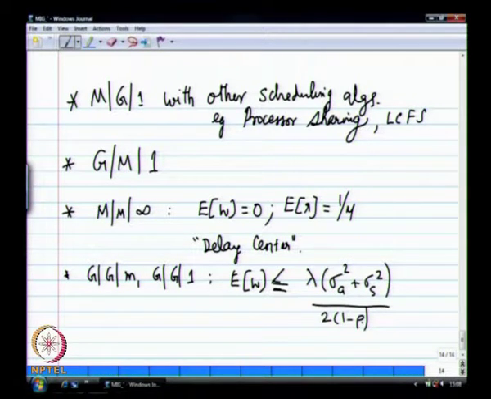If you know the standard deviation of the inter-arrival times and the standard deviation of the service time, then you can say this is an upper bound on the delay. Anyway, the derivation is there.